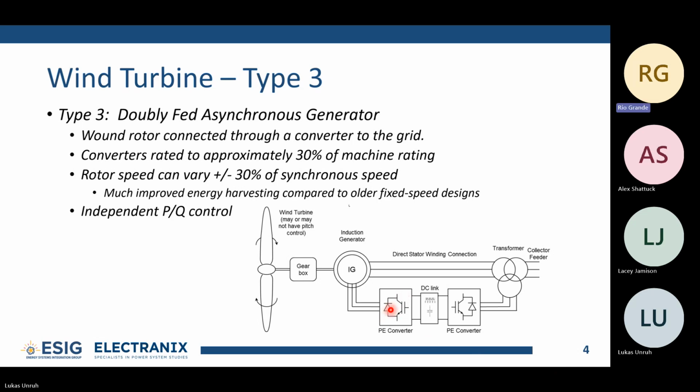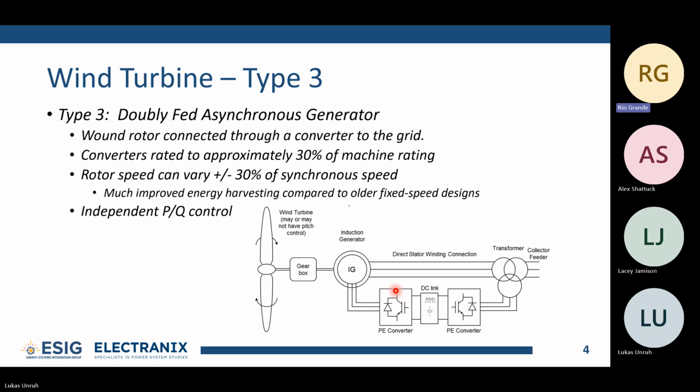So this rotor side converter here: in the world, of course, we have wind speeds that are variable, and to extract as much energy as we can for a given wind speed, we need to keep a constant ratio between the wind speed and the turbine speed.